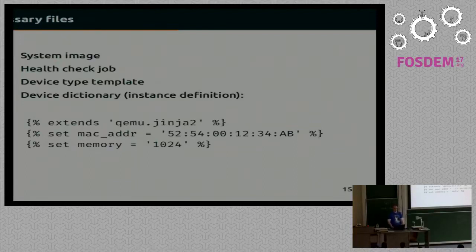And actually, the only file that you would need to set up is a device dictionary, which serves as a definition of the instance of your device. For QEMU, it's just the 3 lines you see on the bottom, which only give you info on which device template should be in use, assign a MAC address, and set available memory.